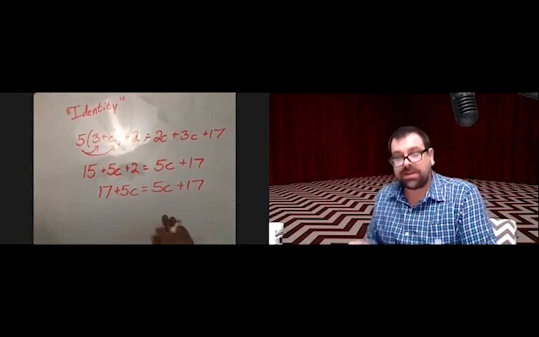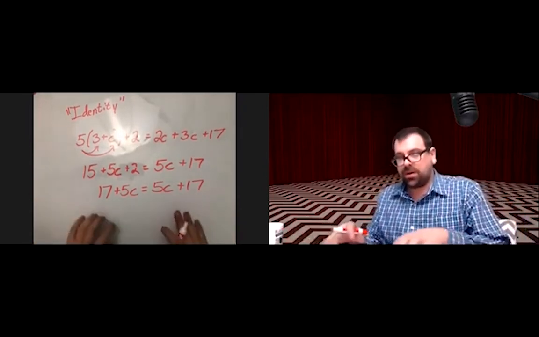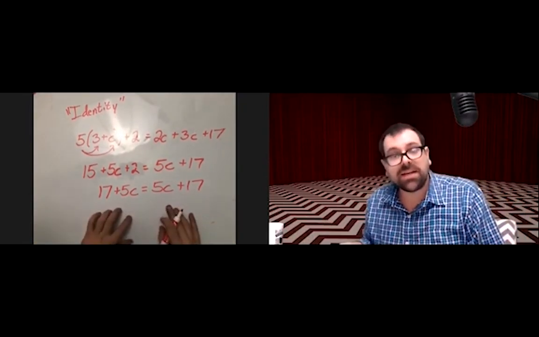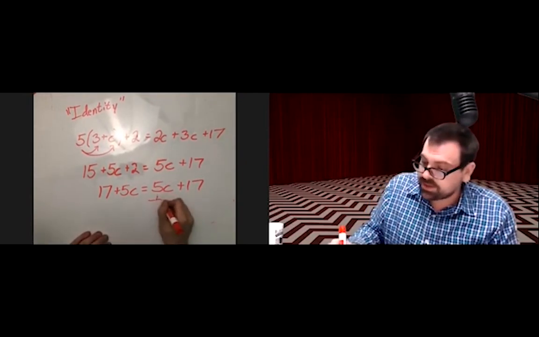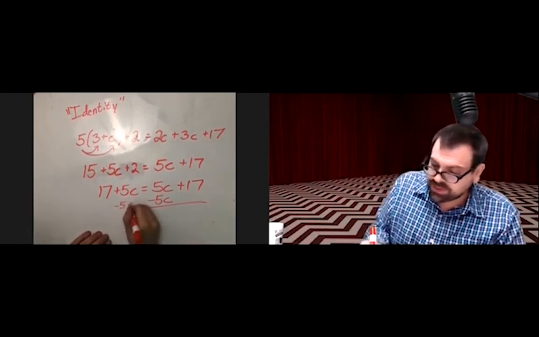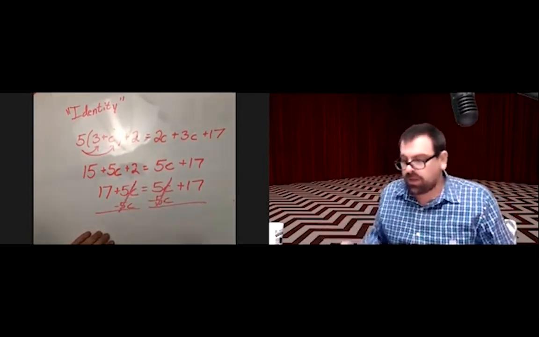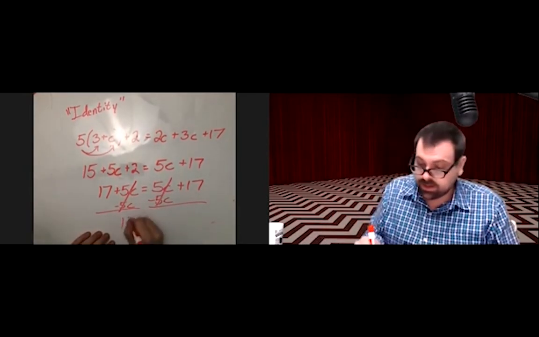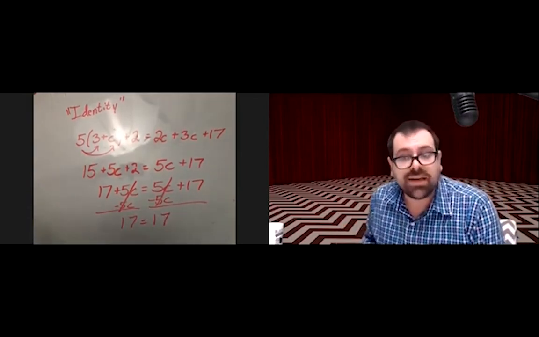But our next step in solving, once you can't combine like terms anymore, is to get all the variables on one side. So I'm going to go ahead and subtract my 5c from both sides to keep it balanced. But look, all the c's go away. And it says 17 equals 17.